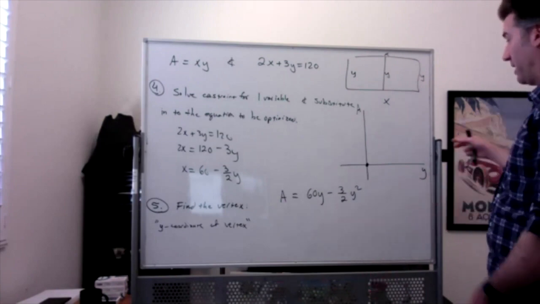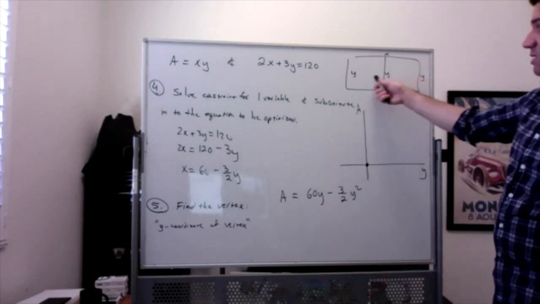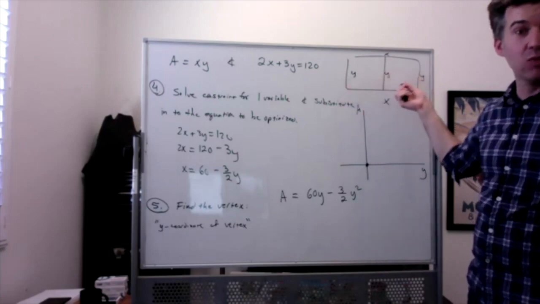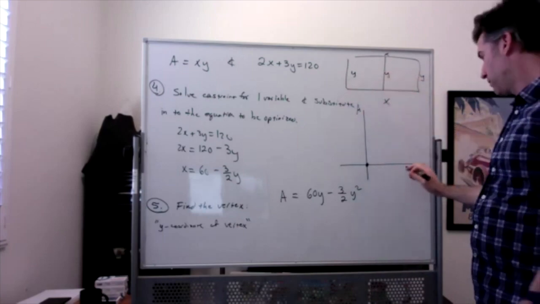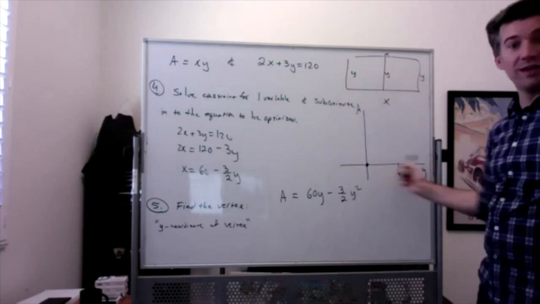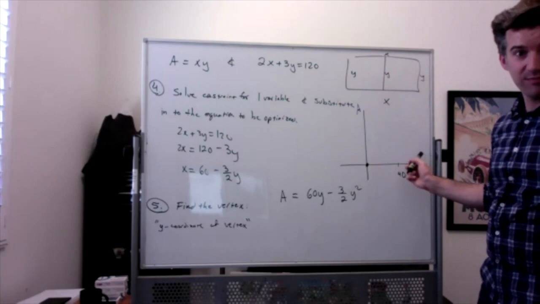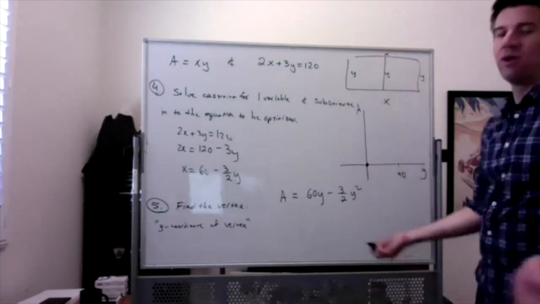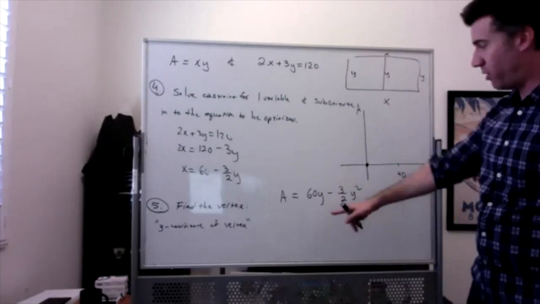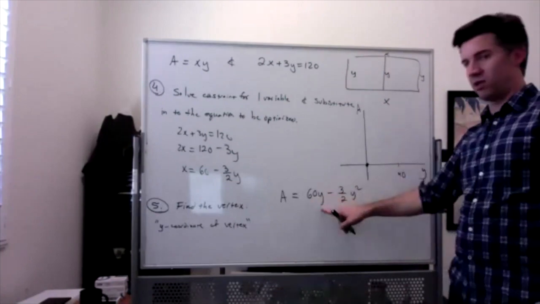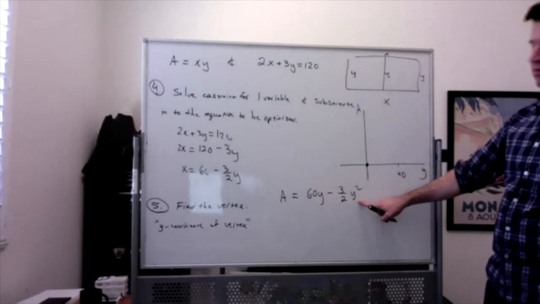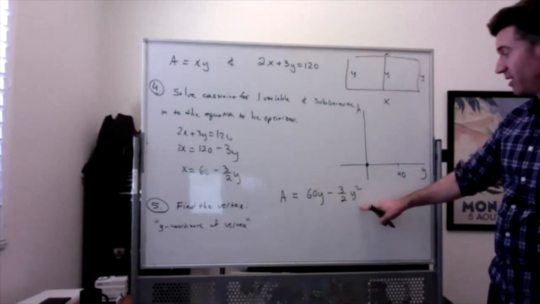The reason for that is if each of the y's was 40, that would be 120 feet of fence, and that would use up all the fence. 40 is my other horizontal axis intercept. Really, you could do some factoring and see that it's going to be 40. But if you plug in 40 here, you get 60 times 40 is 2,400 minus 3 halves times 1,600, which is also 2,400.